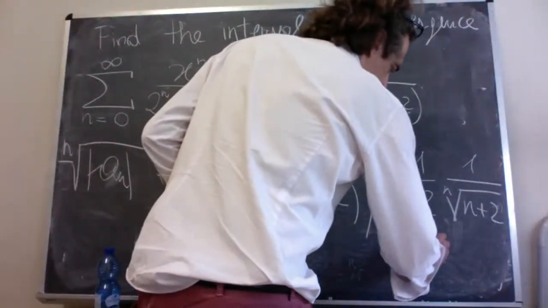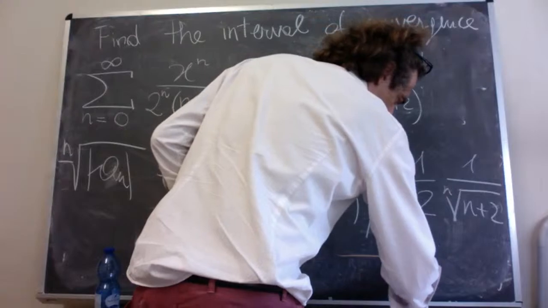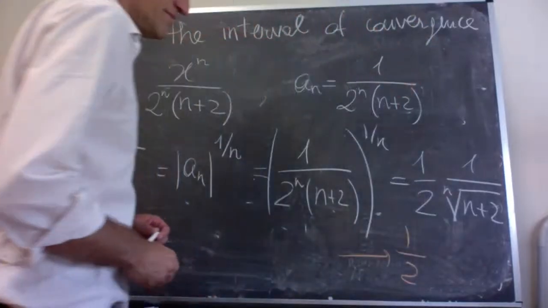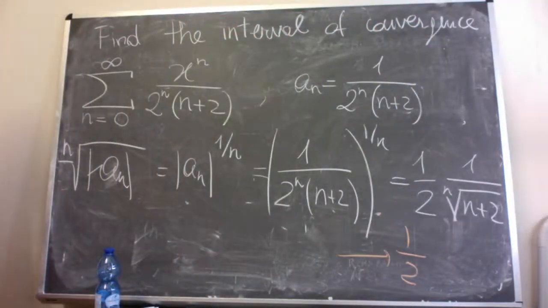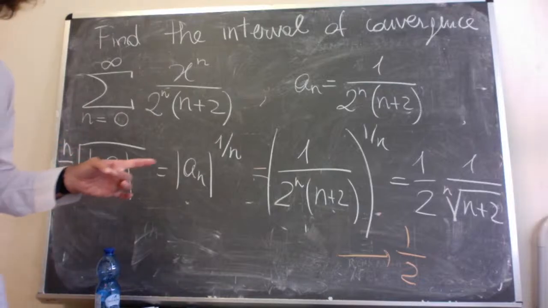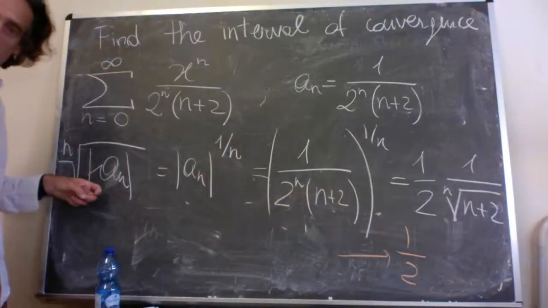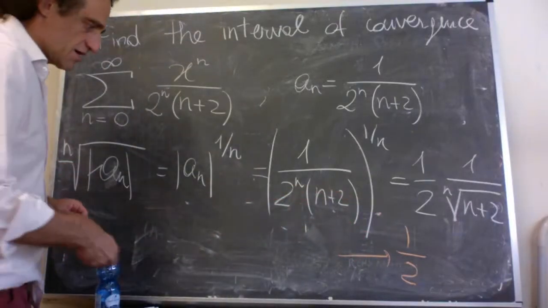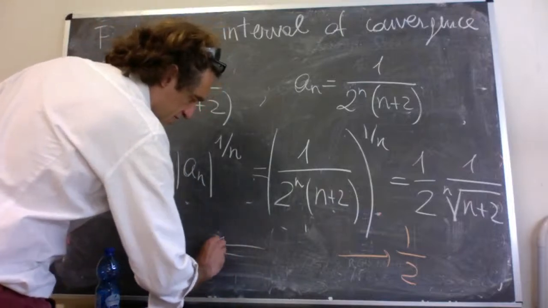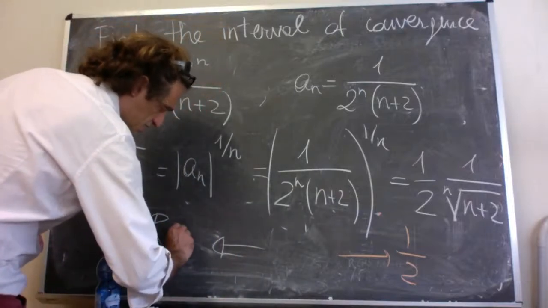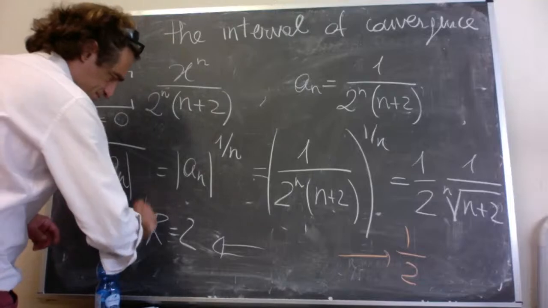So the limit here is 1/2 times 1. And now a theorem says that the radius of convergence is the inverse of the limit of this guy here. So we have that, in this case, capital R is equal to 2.